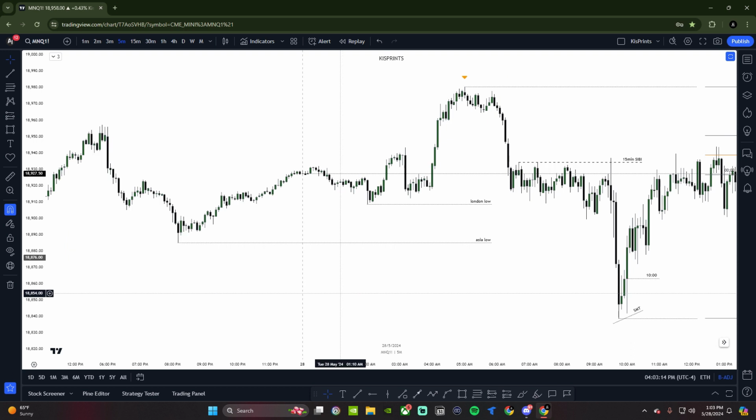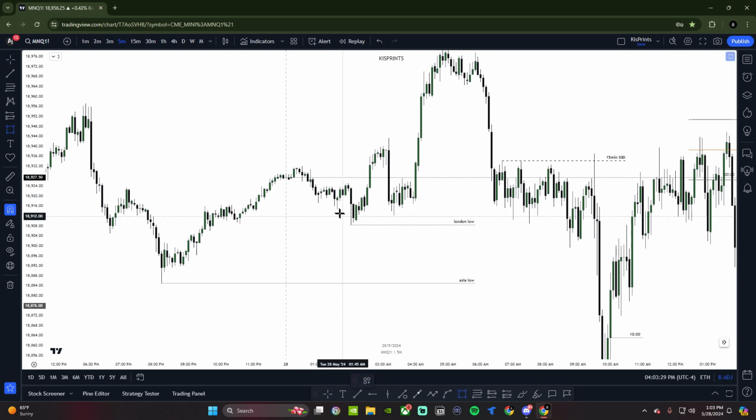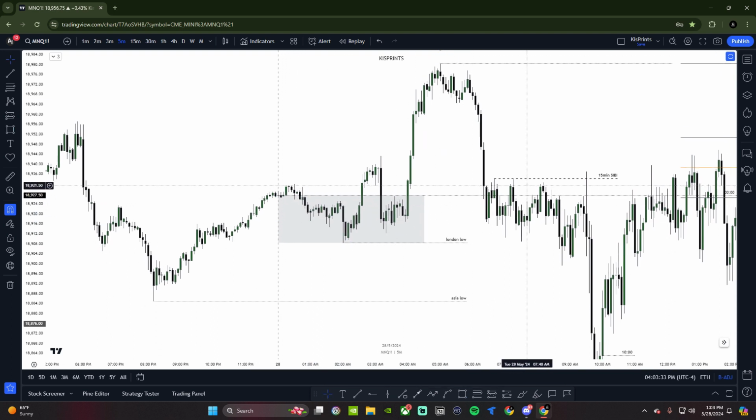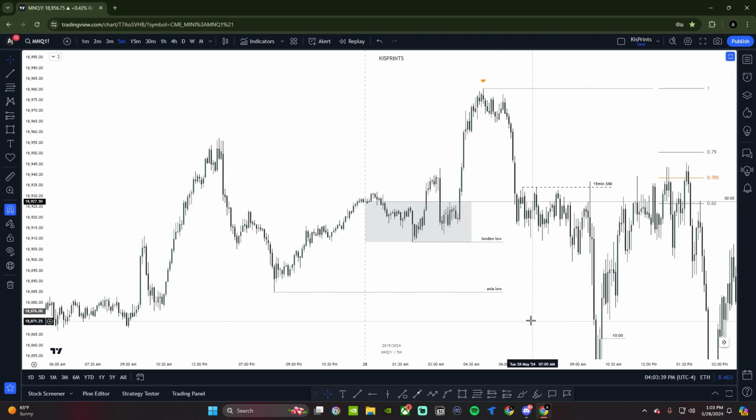So today we mark out Asia session low, should be right here. Asia session books higher, midnight open. From midnight open, we have a London low formed, used as manipulation during London. And then we have an expansion higher, forming the high of week or the high of day in this scenario.